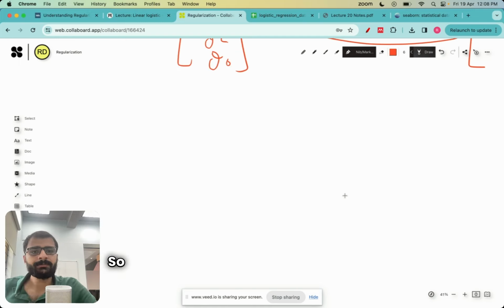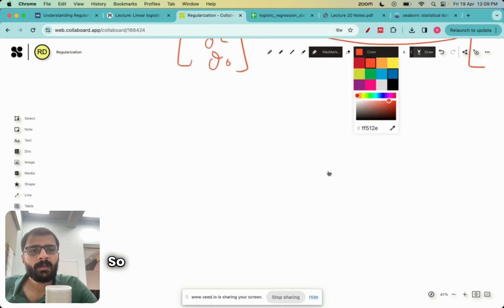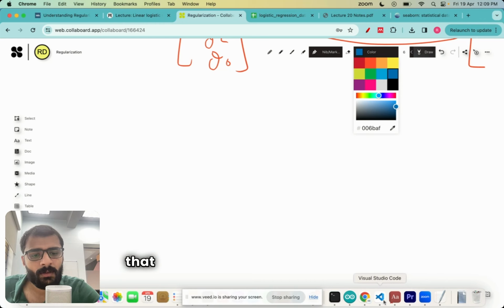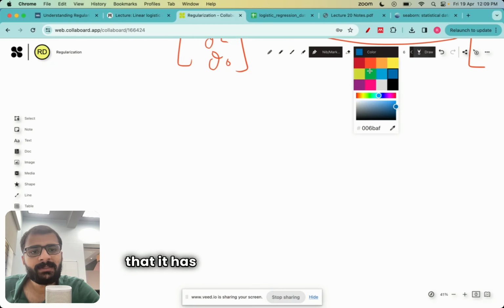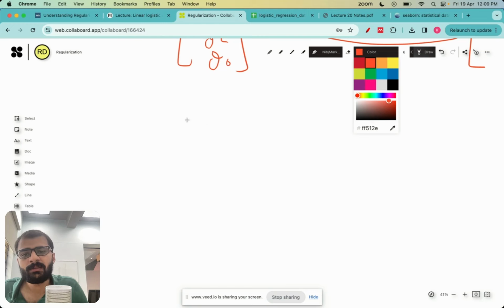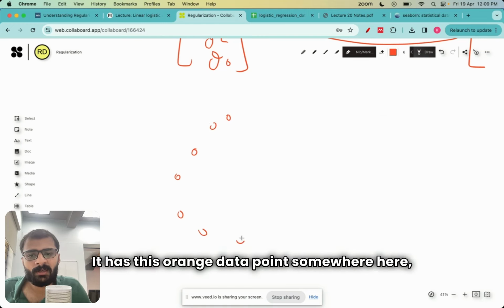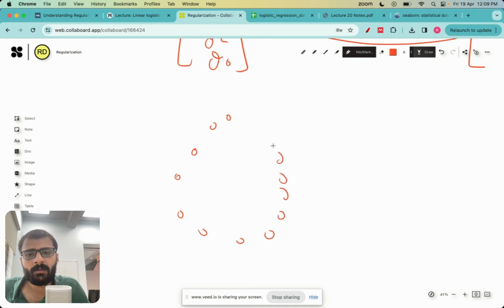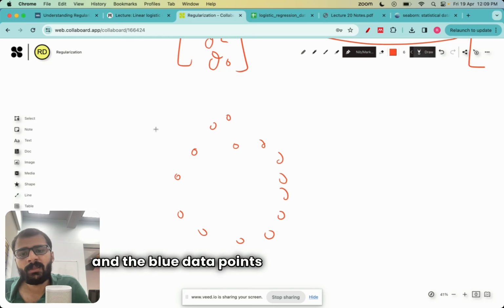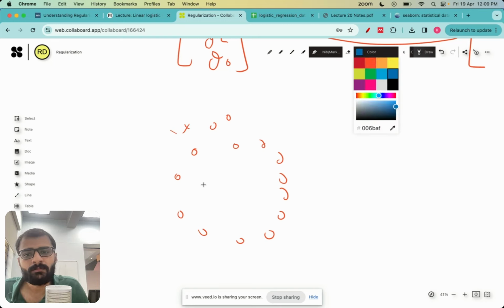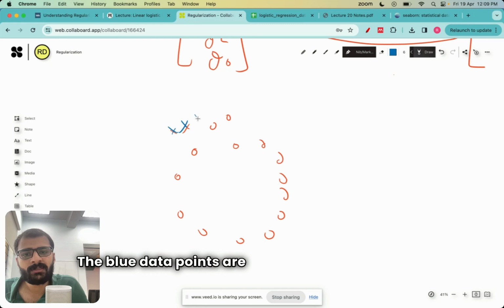Okay, so what my classifier is doing currently is that it has these orange data points somewhere here, and the blue data points are somewhere here.